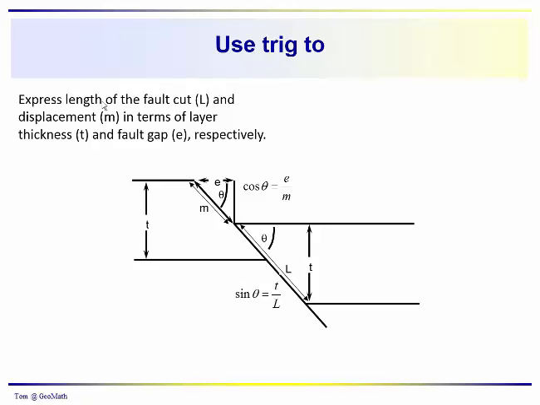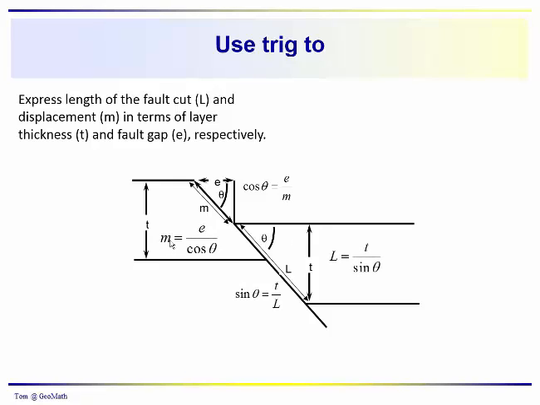So we're going to express the length of the fault cut L and the displacement M in terms of the thickness T and the fault gap E. So we can see over here that cosine of theta is equal to E over M, the side adjacent over the hypotenuse, where theta is our dip. We see that the sine of theta is also equal to T over L, the side opposite over the hypotenuse.